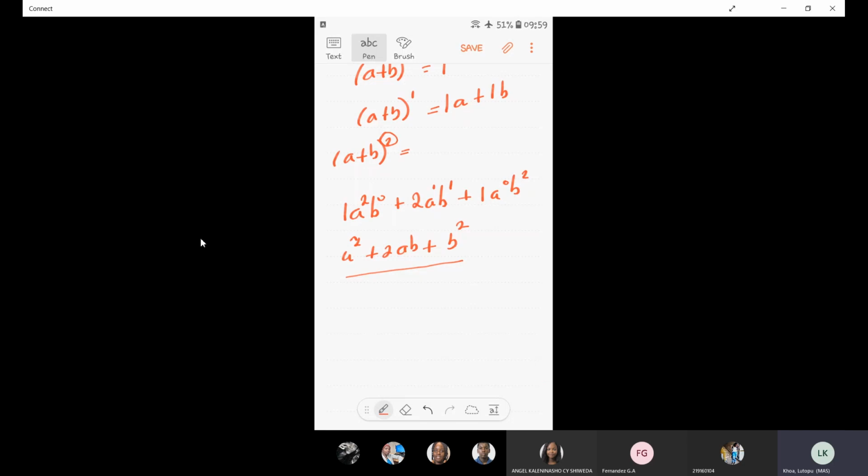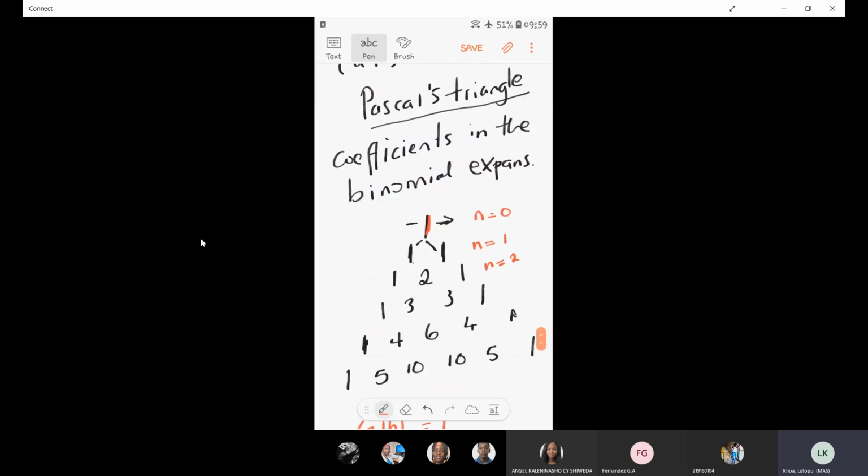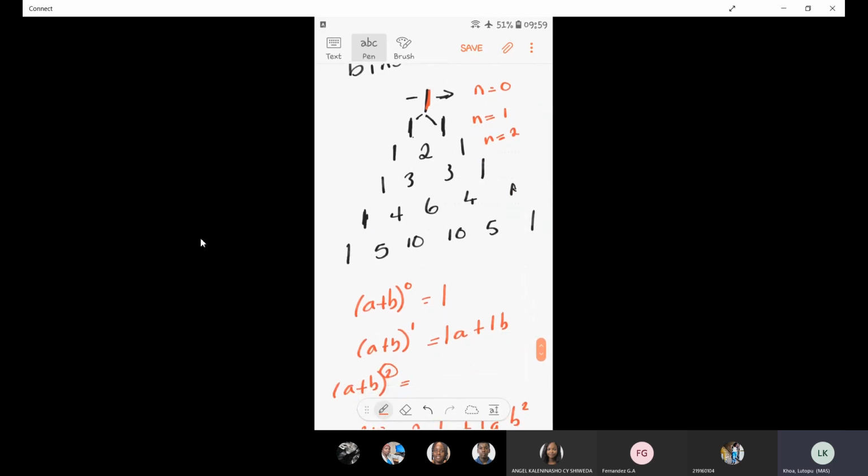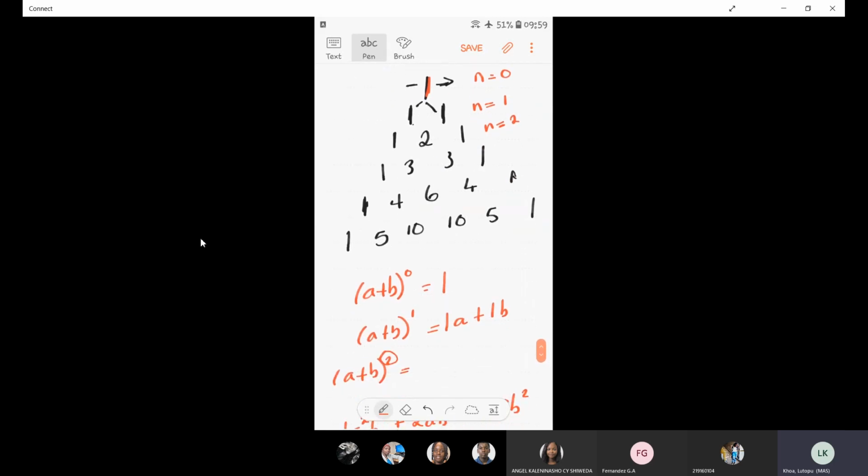Okay, so if you know the coefficients, you just put a and b multiplying together, where the powers of a are decreasing and the powers of b are increasing. And then this one is when n is equal to 3.